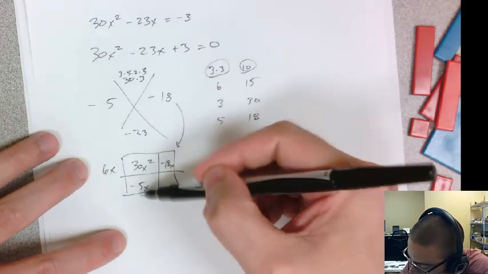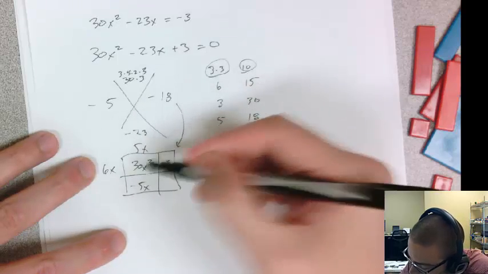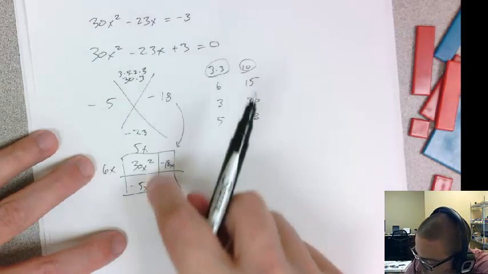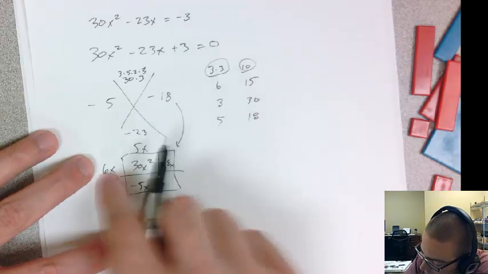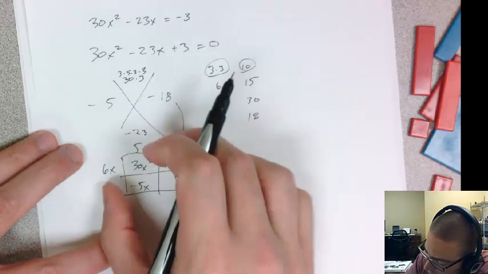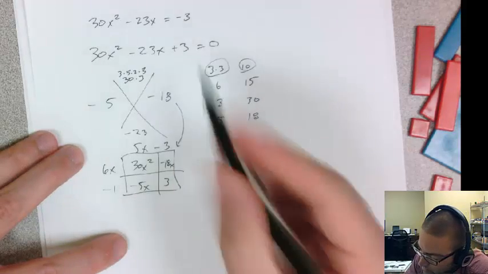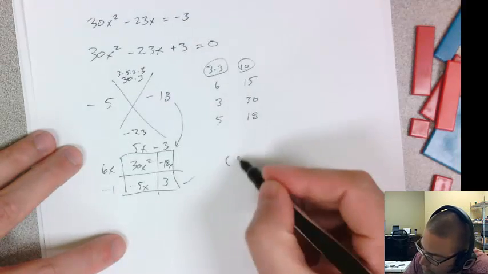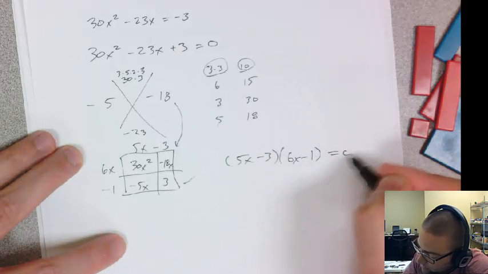And then the greatest common factor of this column, well, 6 times 5 would be 30x. Yeah, so 5 times what would give me negative 5, that'd be negative 1, and 6 times what would give me negative 18, that'd be negative 3. And negative 3 times negative 1 is positive 3. And that checks out.